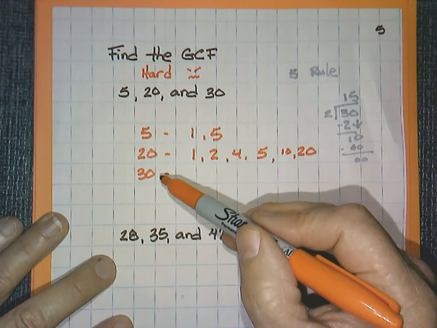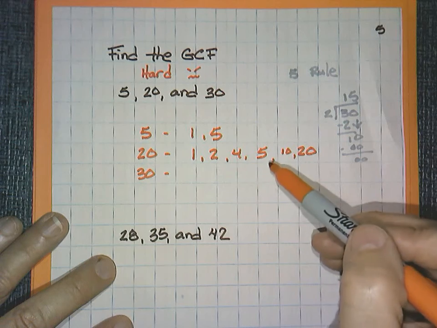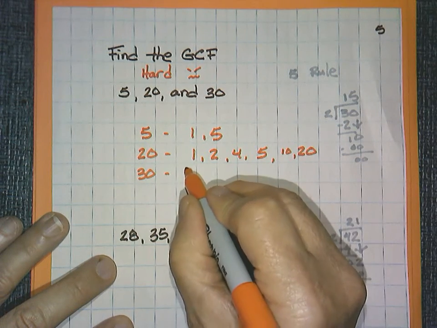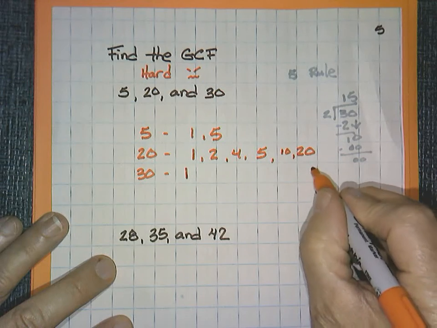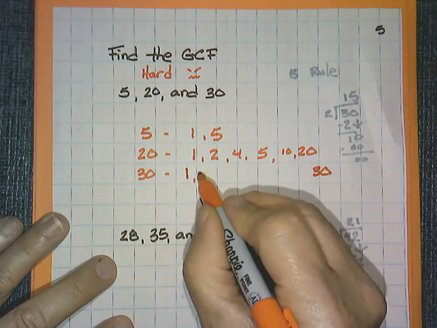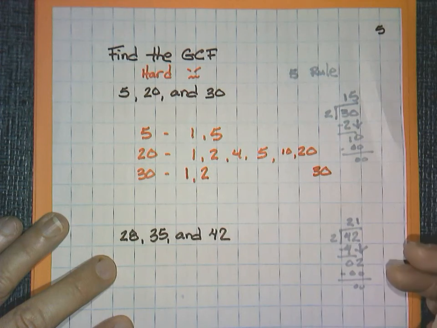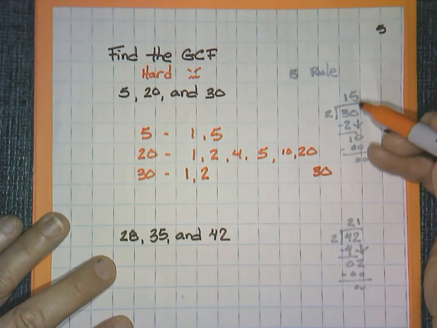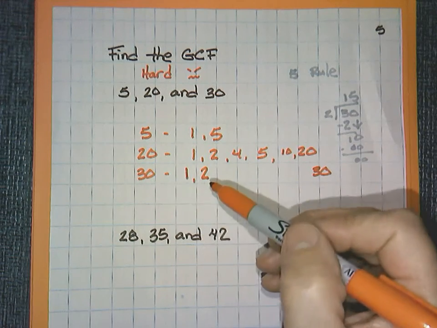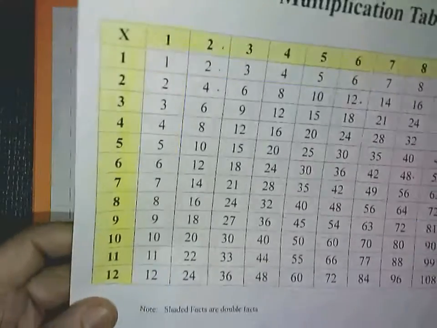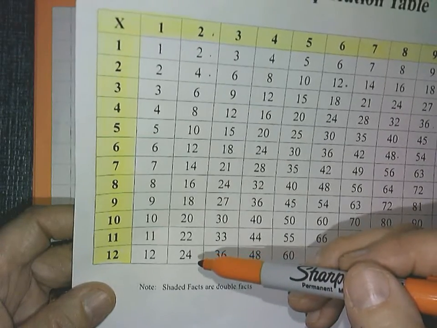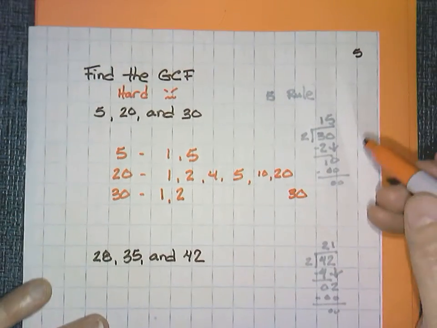So I know already that 30 will also have a factor of 5, but we need to find out if that's our greatest common factor. For 30, our factors are 1 and 30. 30 is an even number. It's going to be 2. And I just showed the math up here, that we can't really find for 2, we're not going to find 30 on this chart, so we would have to divide.